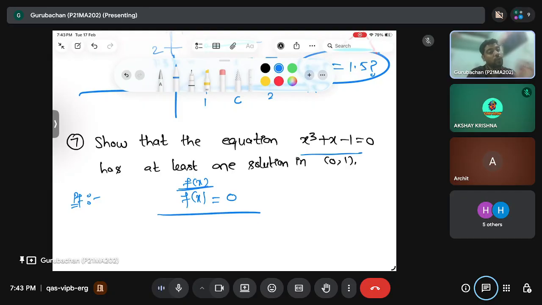A function has a root, meaning f of x can be 0 for some value. But when you talk about an equation, then the equation has a solution, not a root. Felt the difference? So this is the application of IVT.